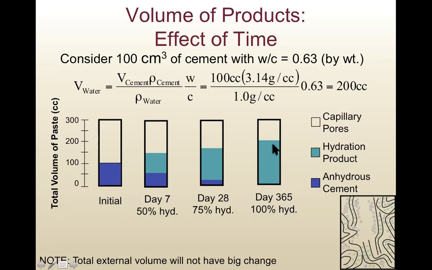The only thing left is the hydration product and water. The water will eventually evaporate, so that space will be occupied by the capillary pores. Again, the total external volume of concrete will not change after cement concrete sets.